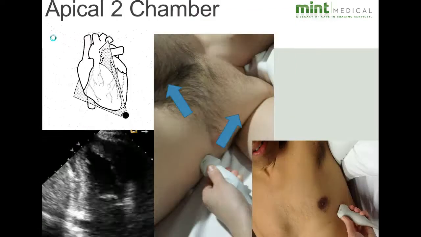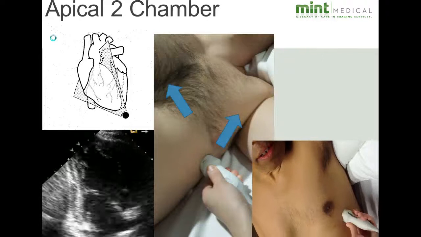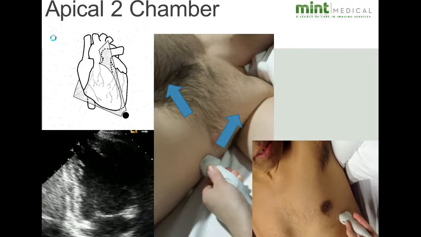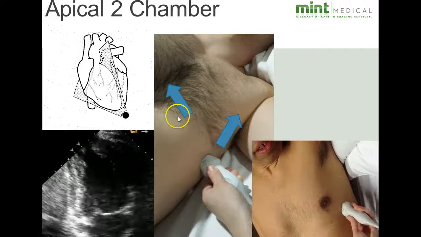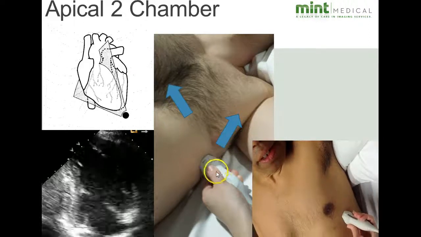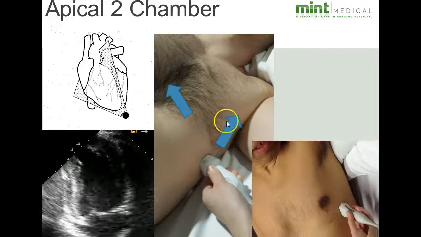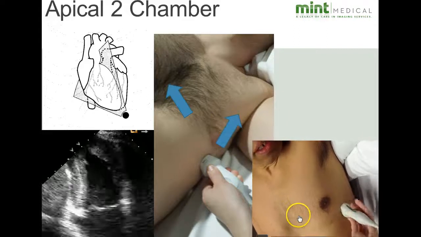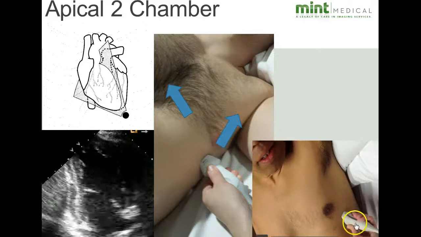Now the next view, basically you're taking the transducer and rotating it counterclockwise 90 degrees. So once again, your angle of incidence is going to be towards the patient's right shoulder. You're going to take the transducer and rotate counterclockwise a half a turn, so the transducer will be up now to this position here. As you see, this position here is a 4-chamber. A half a turn is a 2-chamber.